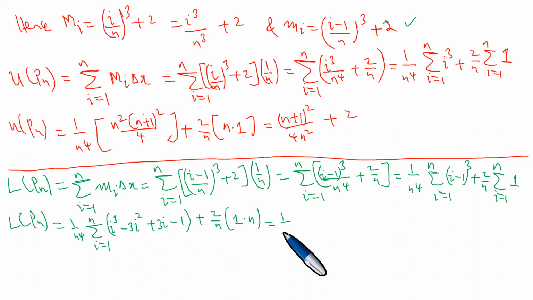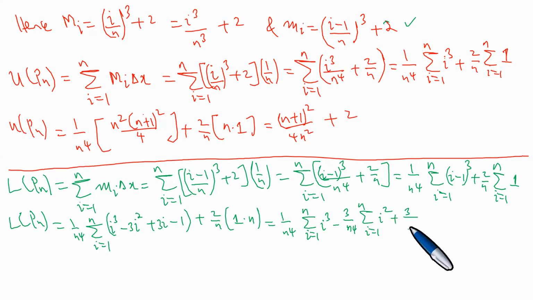So this is the same as 1 over n to the fourth power into the summation, and then this one is plus 3 over n to the fourth power, minus the summation, plus 2n over n.